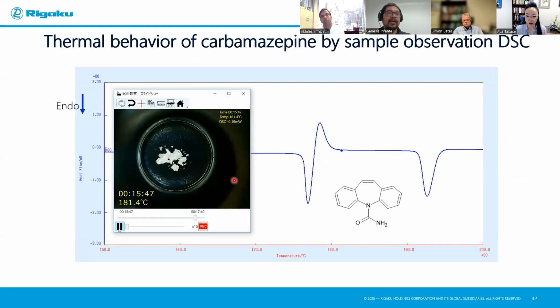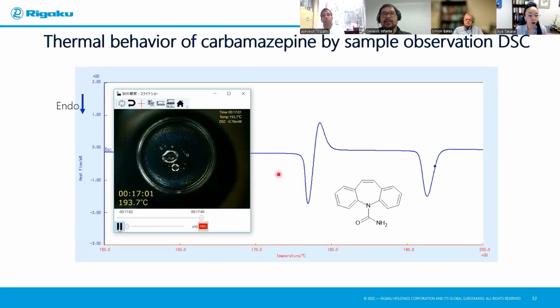Here is an example of, I think, a unique capability shown by Rigaku in general, the sample observation, where you can see right here this is again carbamazepine being exposed to increasing temperature. You saw that there's a quick melt and then recrystallization, and then another melting event at about 193 degrees C, I believe.